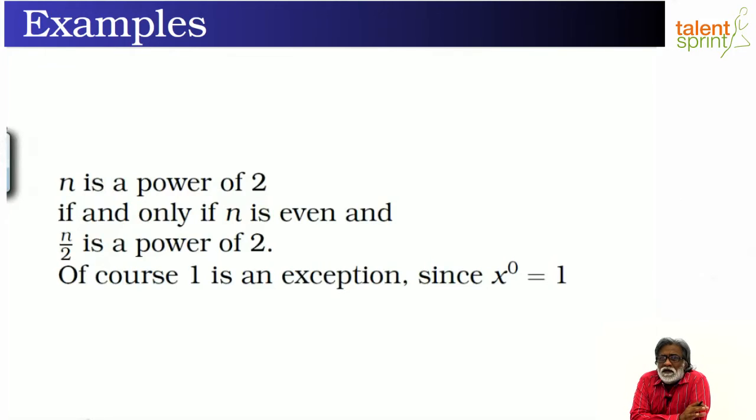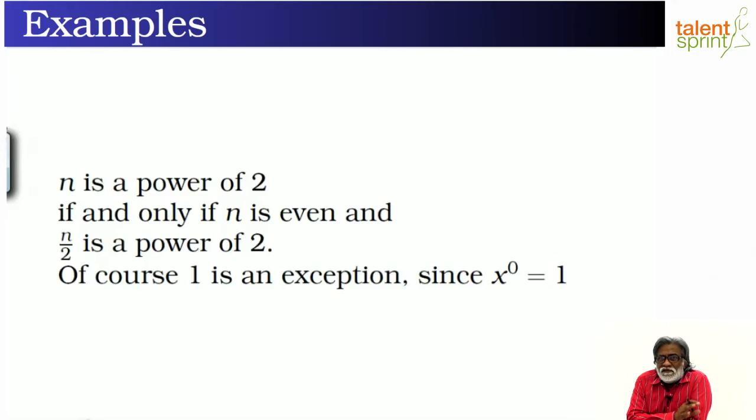We know that for the case of 1, is power of 2 is true. In all other cases, we first check whether it is even. If it is not even, obviously it's not a power of 2, because we have already verified whether n is 1. If it is an odd number other than 1, it cannot be a power of 2.